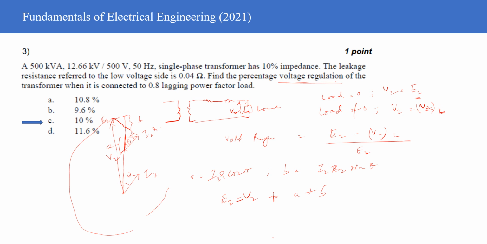Because we have discussed that both of these are radius. So this is one radius and V2 plus A plus B is another radius, right? So you can write E2 is equal to V2 plus A plus B, right?